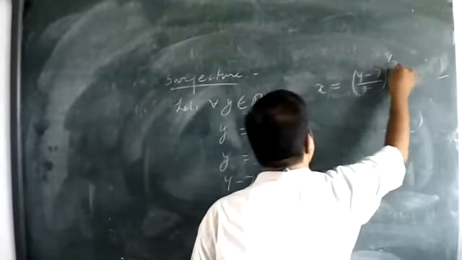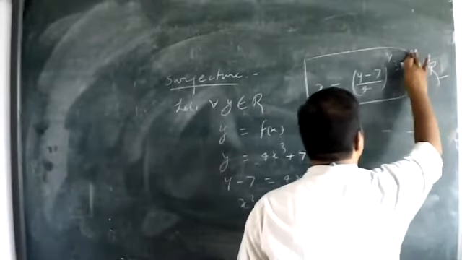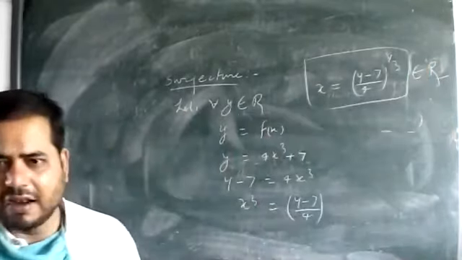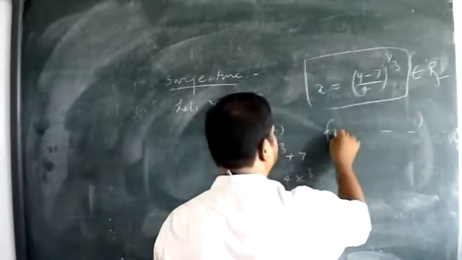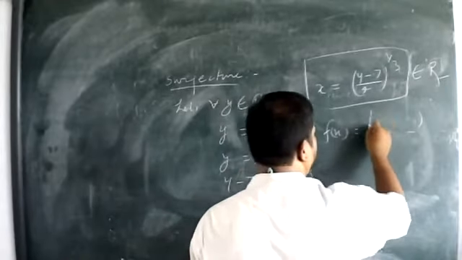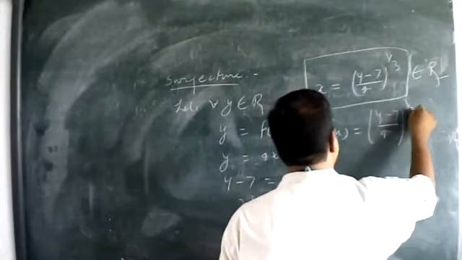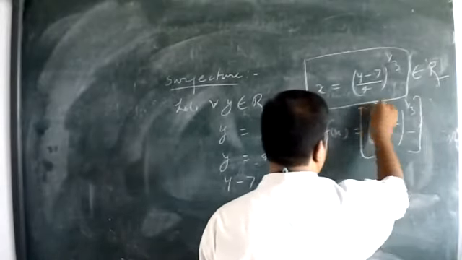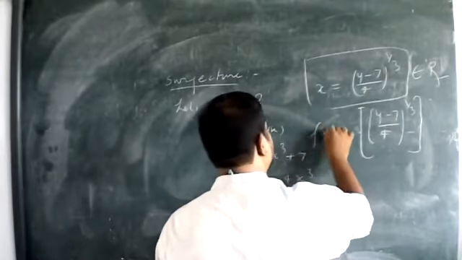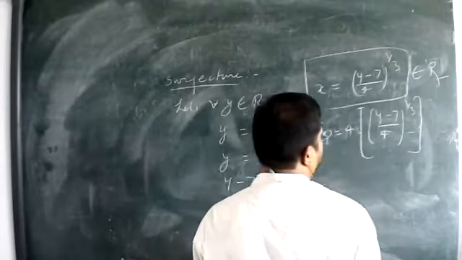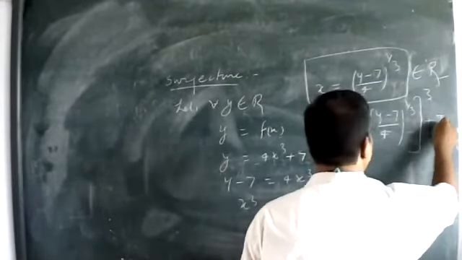Now this x belongs to what? This x is from real number. So you can write x belongs to real number. So f(x) is what? f of x, that means 4 times ((y minus 7) by 4), plus 7.